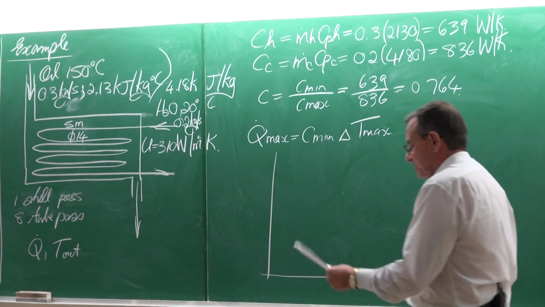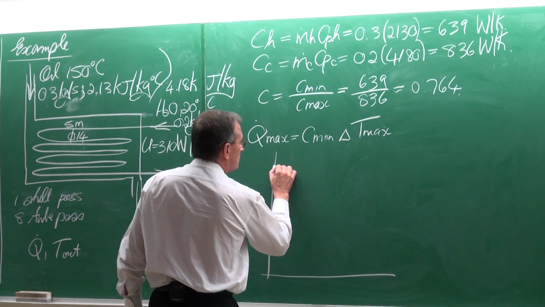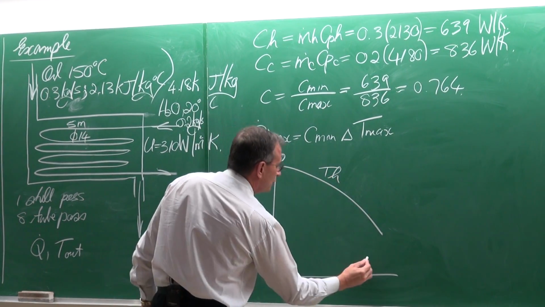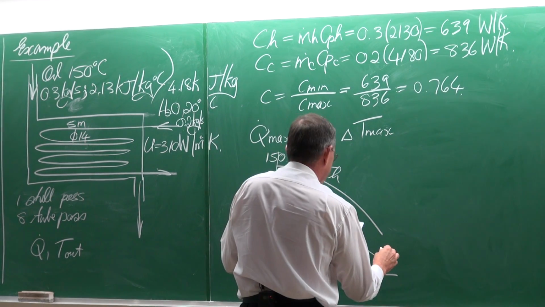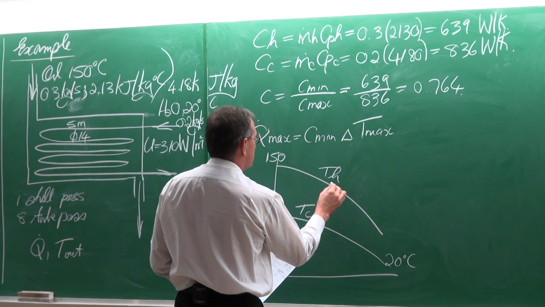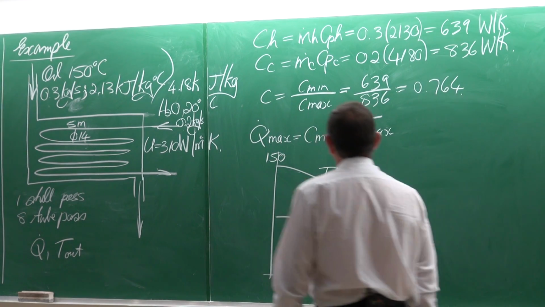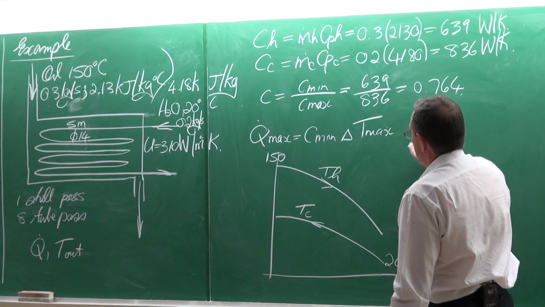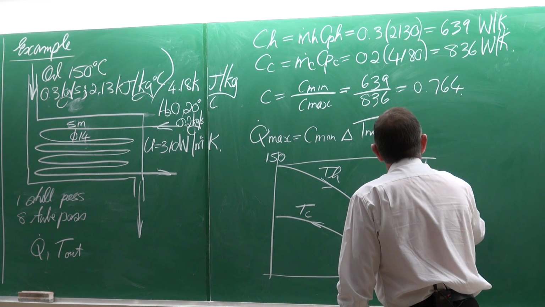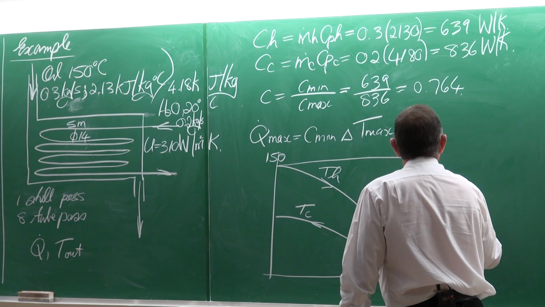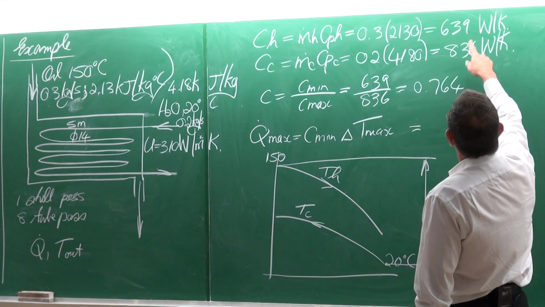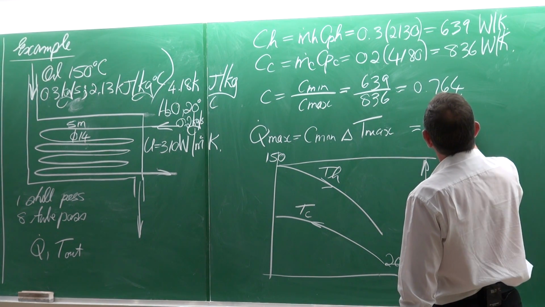Let's draw the two temperatures here. We've got on the hot side 150. On the cold side we have 20. So if we look at this, the maximum temperature difference is those two values, delta T max. Smallest C value is 639.